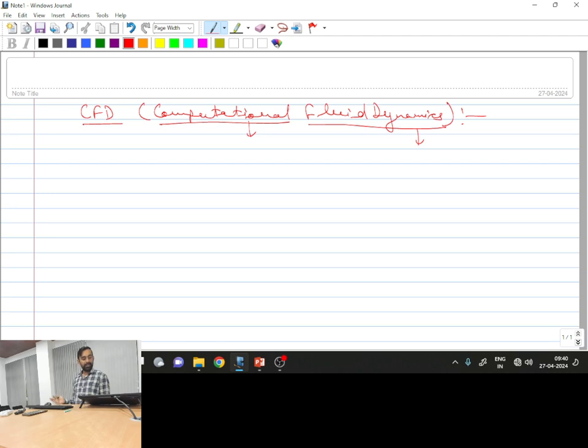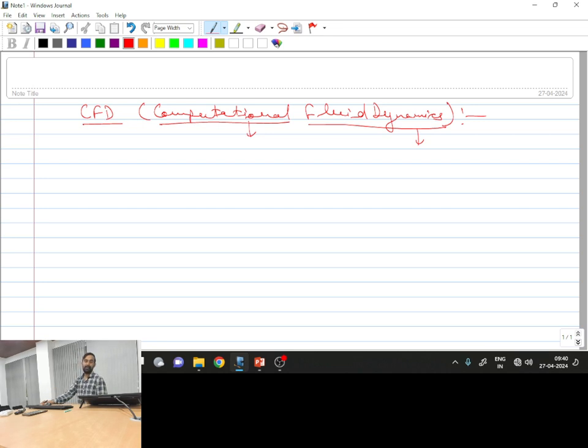Okay, or in a more generic sense, computational fluid dynamics can also be called a branch of computational mechanics which is used for computer modeling or numerical modeling of fluid flow and heat transfer problems. Okay, so in a very generic sense, mechanics is the generic term. Then within the mechanics, solid mechanics or fluid mechanics, etc., are the specific keywords.